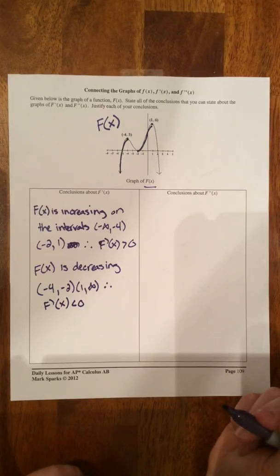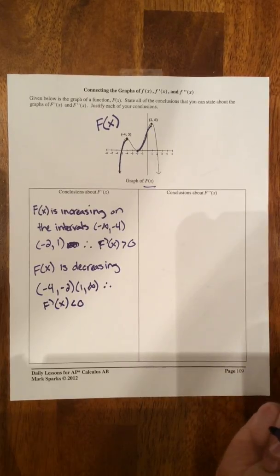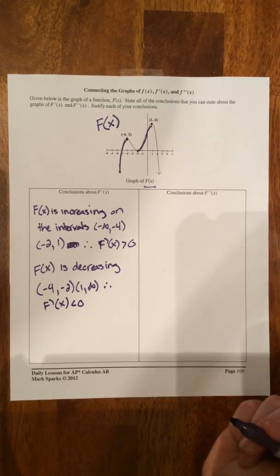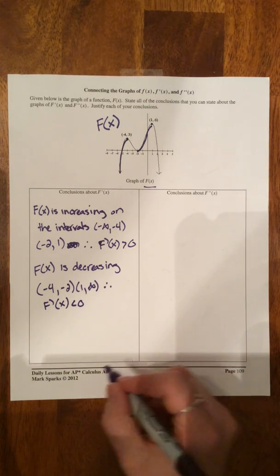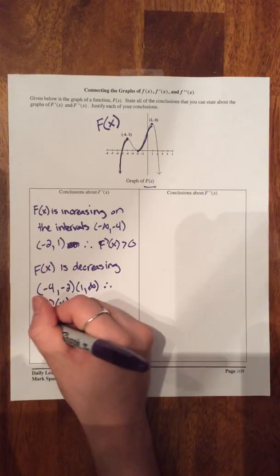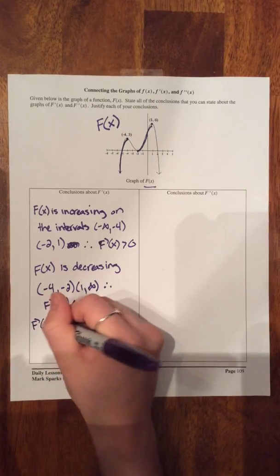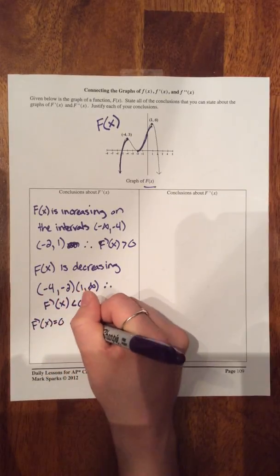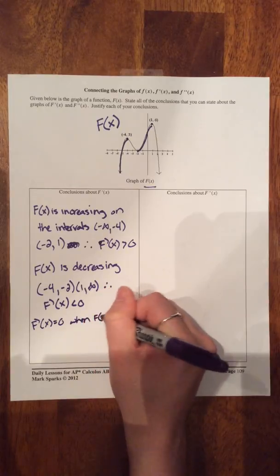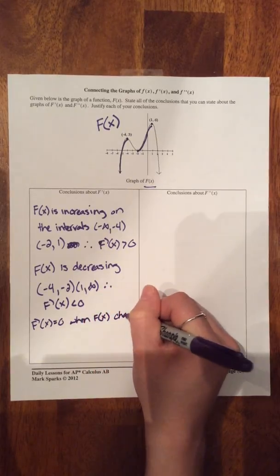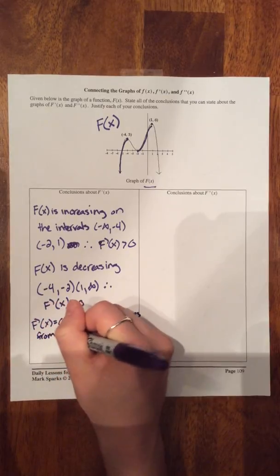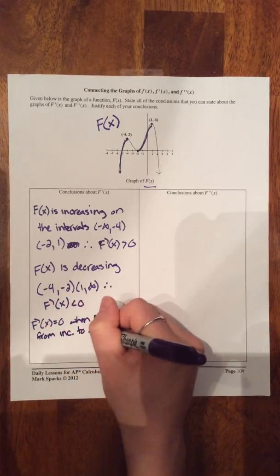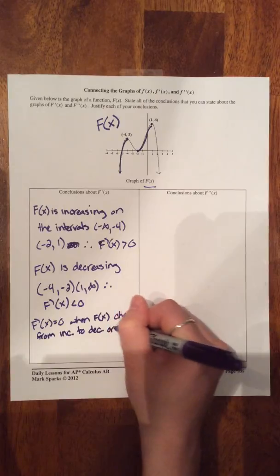If I wanted to, I can also say when f prime is equal to 0, and that's when f prime is changing from positive to negative. So f prime is going to be equal to 0 when f of x changes from increasing to decreasing, or vice versa.